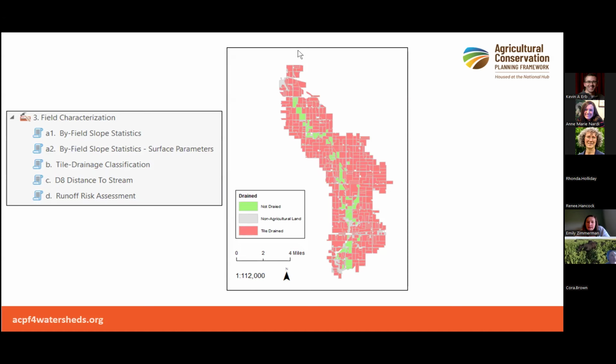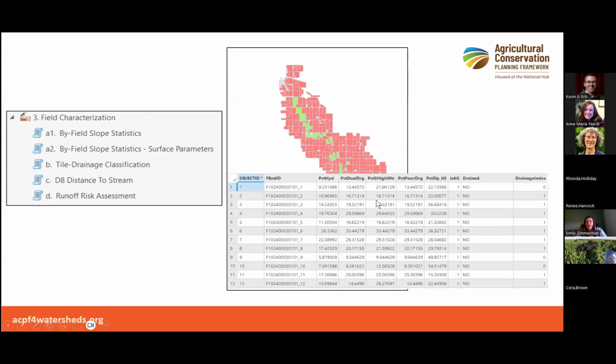Becky, if you're working with producers, is there a place to enter? Yes. Okay, Becky, that's a great question. So if you're working with producers and you know a field is tiled or is not tiled, one way you can edit that is by changing the attribute table. I just showed you this tabular data that's stored with these fields. This is editable. So if, for example, you knew the landowner from field number 1 and field number 2, and the model that we're using is saying that field's not tile drained, but it is, you can just go in here and edit that to say yes.